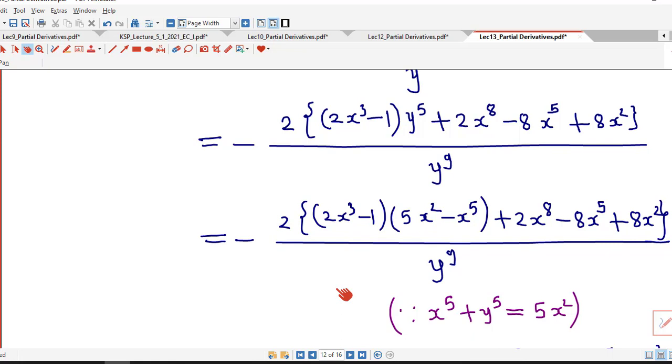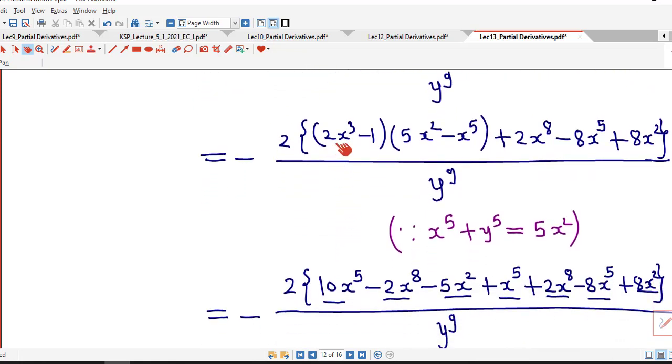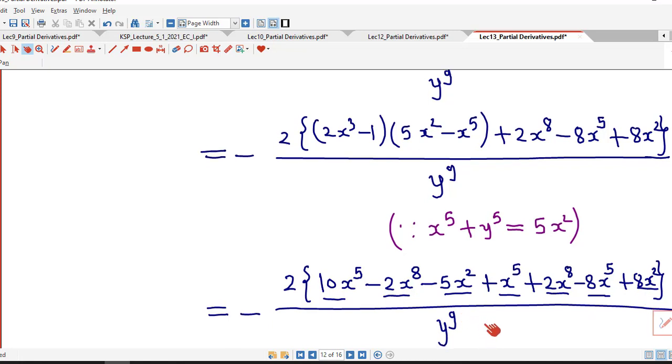Now we multiply these two brackets. So 2x cube into 5x square is 10x raised to 5, minus 2x cube into x raised to 5, which is minus 2x raised to 8, and minus 5x square plus x raised to 5 plus 2x raised to 8 minus 8x raised to 5 plus 8x square, over y raised to 9.